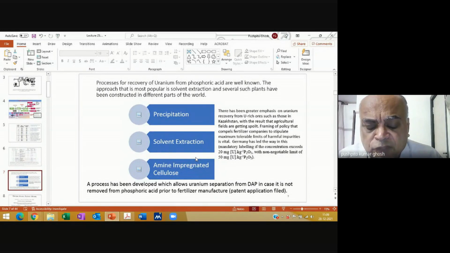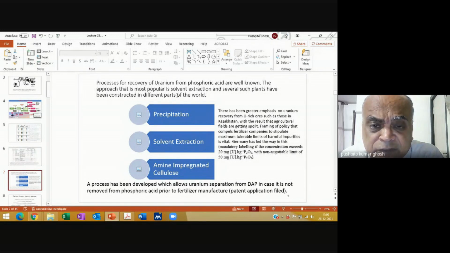Much later, of course, the use in nuclear power plants came into play, and the US is quite big in it. And a country like France generates 72% of its power from nuclear energy. Right? By comparison, in India, we have something like 3% generation.